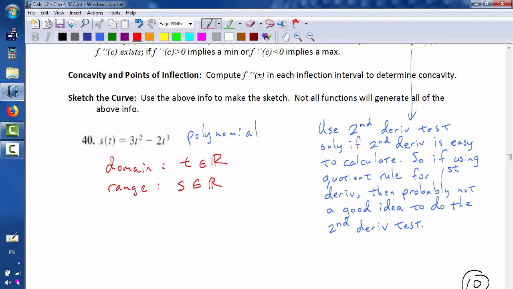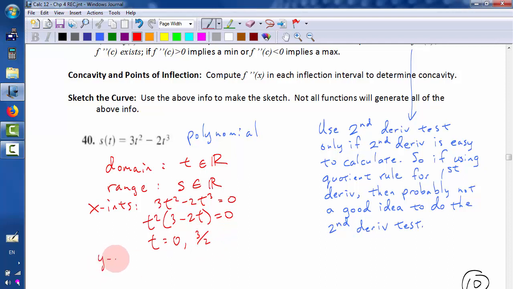Let's find the intercepts, x-intercepts. 3t squared minus 2t cubed equals 0. We factor, we get t squared times (3 minus 2t) equals 0. So our roots are 0 and 3 over 2.